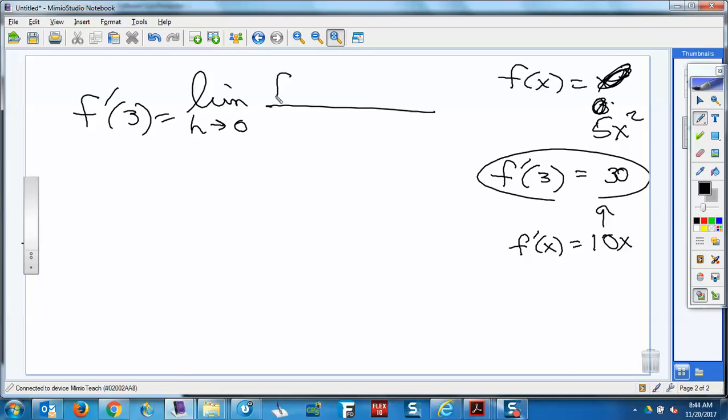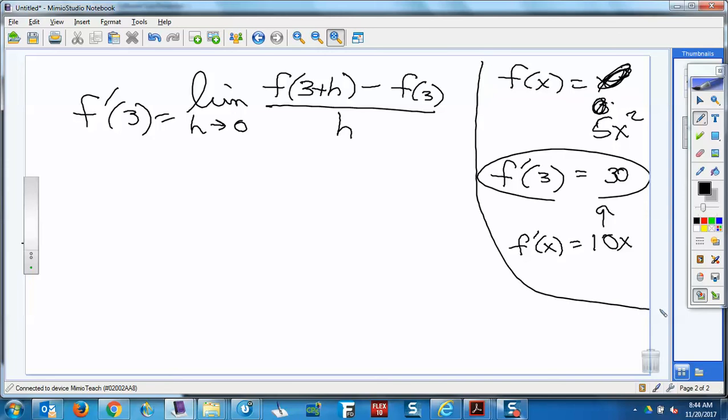We'd set this up and we'd say, okay, this is all good review right now. F of what? Not x plus h, not for this one, since I'm doing 3. F of 3 plus h minus f of 3, all over h. Remember that? This is just the definition of the derivative. So we're going back to before we had learned about these shortcuts.